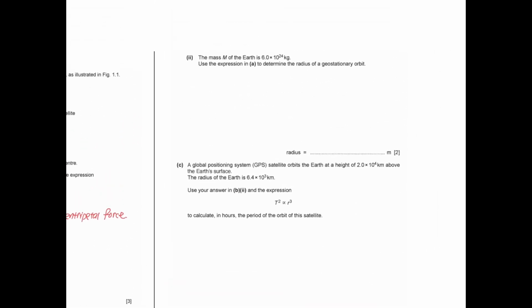Part 2. The mass m of the Earth is 6.0 times 10 to the power of 24. Use the expression in A to determine the radius of a geostationary orbit. So we know that the radius of the geostationary orbit is a fixed value.